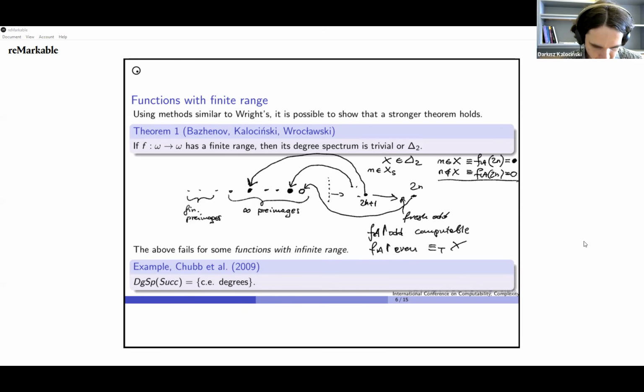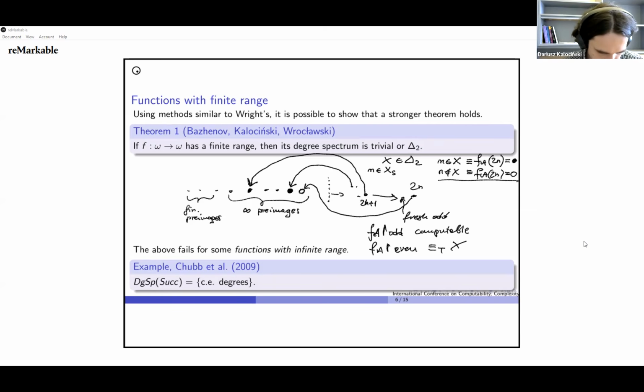So these are functions with finite range, but this property of the theorem, that you have a trivial or delta 2 degrees as a spectrum, doesn't hold for functions with infinite range in general.